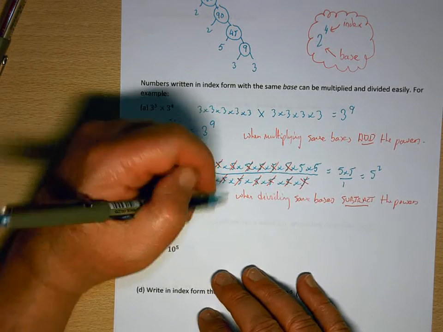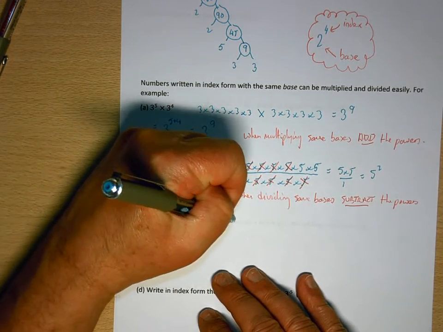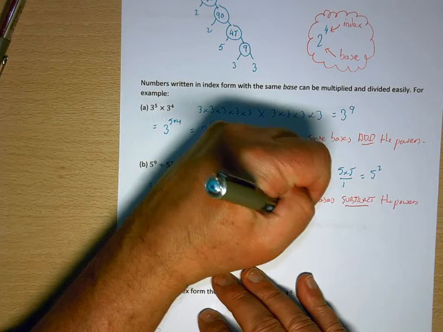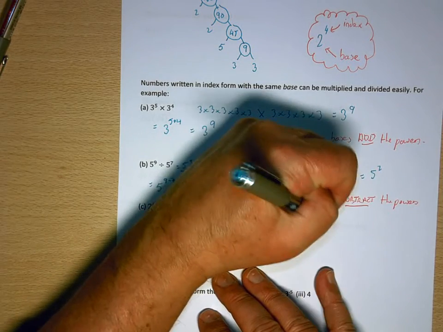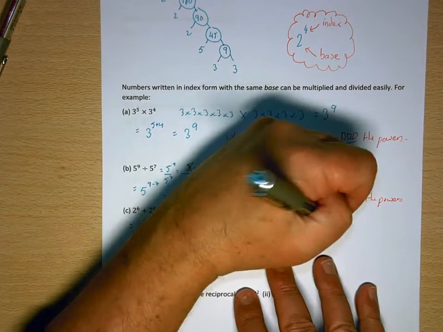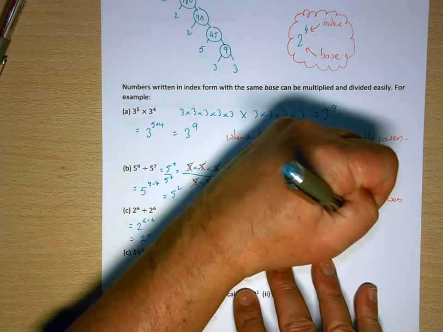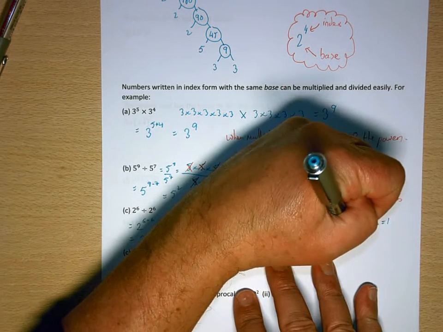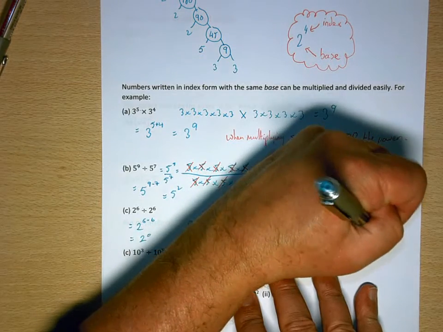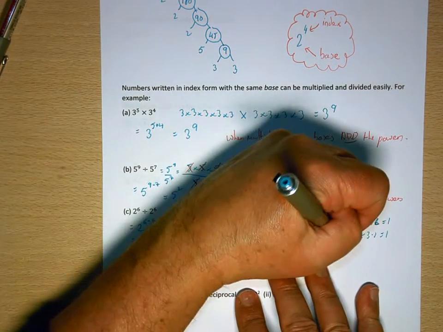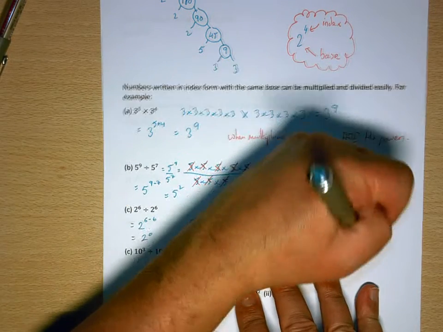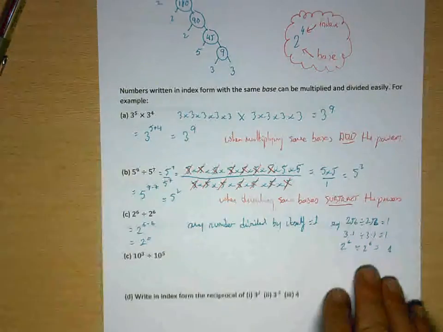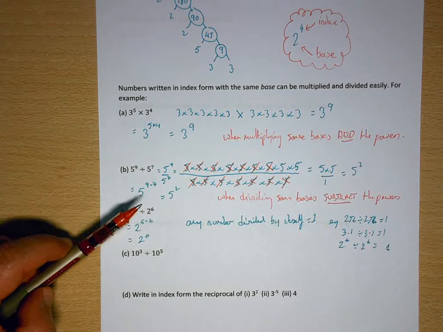So any number divided by itself equals 1, e.g. 256 divided by 256 equals 1, 3.1 divided by 3.1 equals 1. 2 to the power of 6 divided by 2 to the power of 6 equals 1, because they're the same number. So therefore, anything to the power of 0 equals 1.